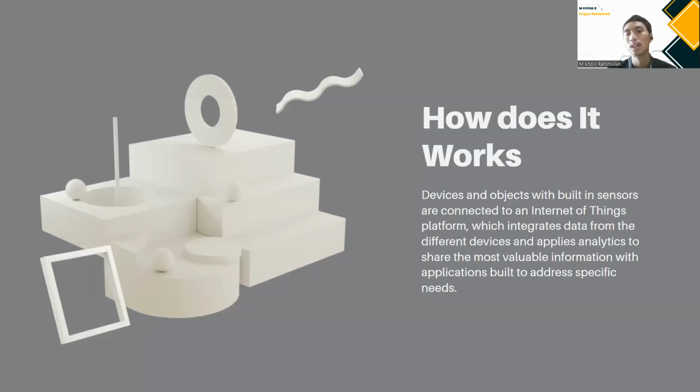How does it work? Devices and objects with built-in sensors are connected to an Internet of Things platform, which integrates the data from the different devices and applies analytics to share the most valuable information with applications.